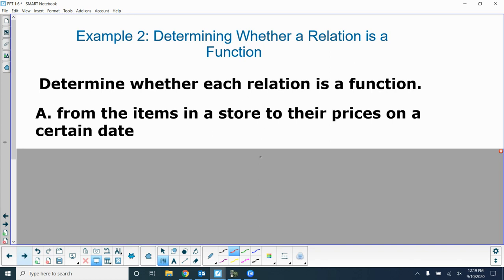Or will this one and this one have different prices? Blue caps? They're all gonna be the same, right? Or maybe tomorrow they might change, it might get cheaper or more expensive. But today, when I go in there, all the 2% milk should have the same price, right? Unless it's marked. So that's an example of a function, right?